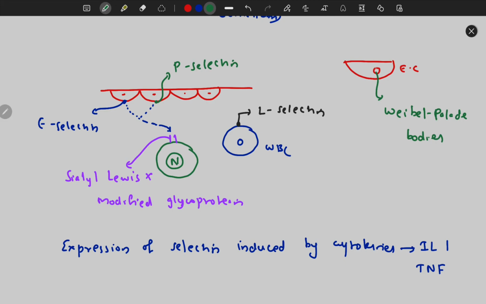This is having P-selectin, and there is expression of this P-selectin by redistribution. This is actually mediated by histamine and thrombin.